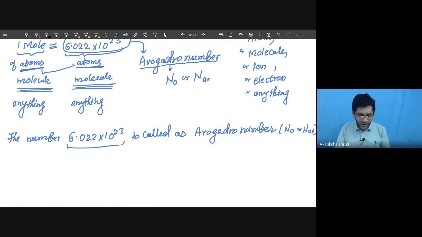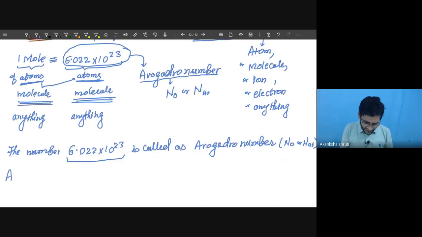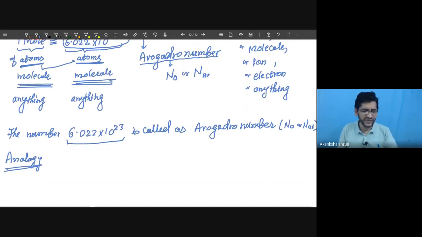A student, this mole is very simple. So what is the analogy by which we can understand this mole? If we consider the dozen, if you are talking about 2 dozen of pencil, what does it mean?